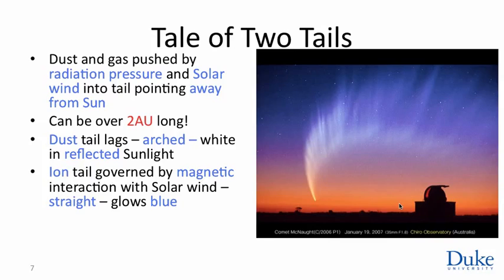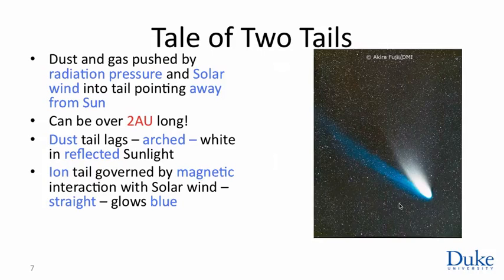The ion tail, not evident in this picture of Comet McNaught, but certainly evident in this picture, does not curve. It is always pointed directly straight away from the sun. The gases are ionized by solar wind, and then once you have charged particles, the interactions are governed by magnetic interactions, essentially. The comet acquires a magnetosphere.